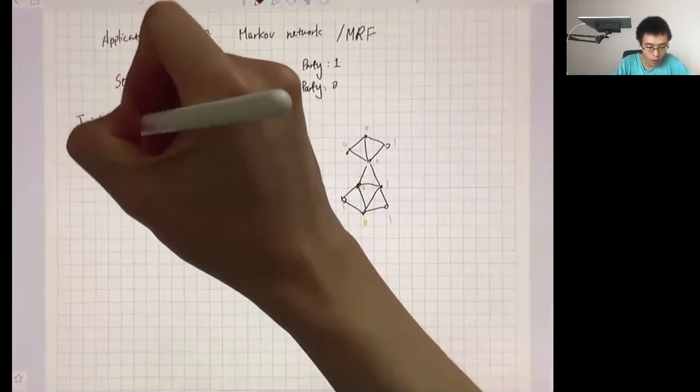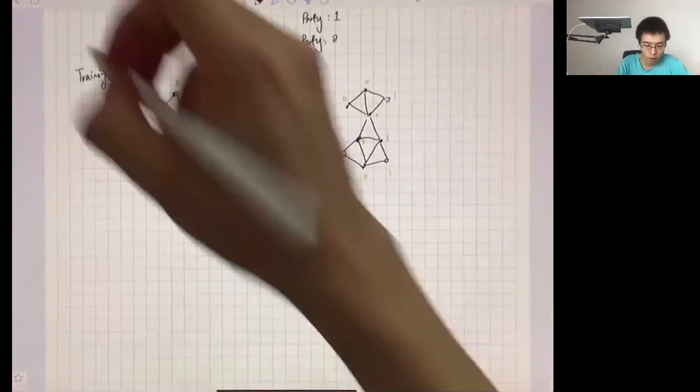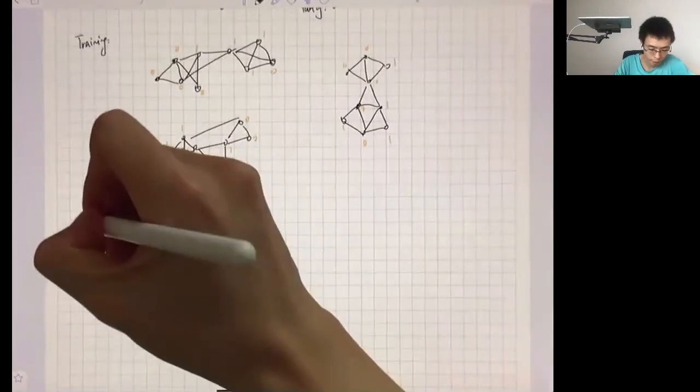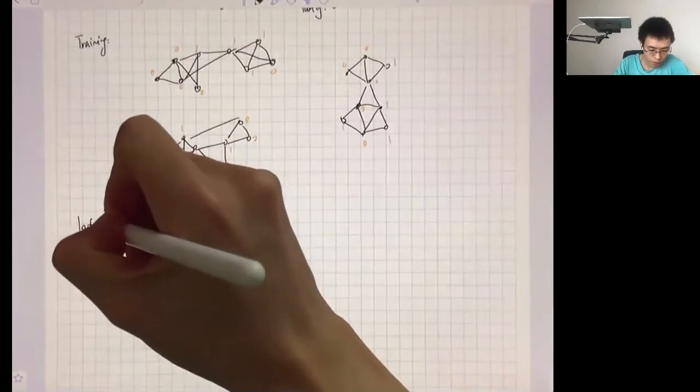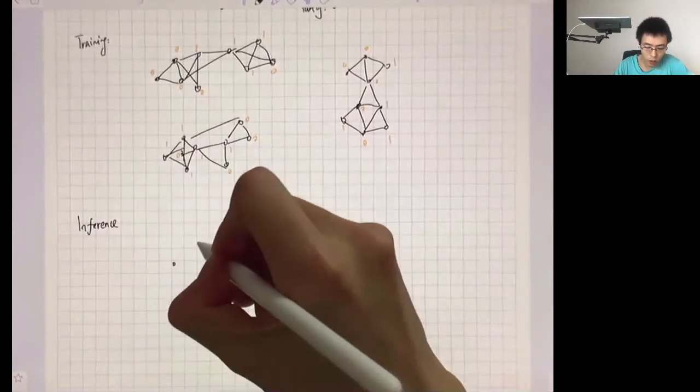You can think of it as a supervised learning task where the input is the structure and the output is the political polarity of a node. These are the training samples, and each snippet is one data sample. And the inference is, I have a new snippet.